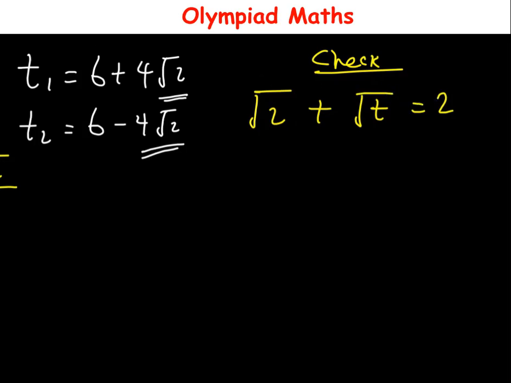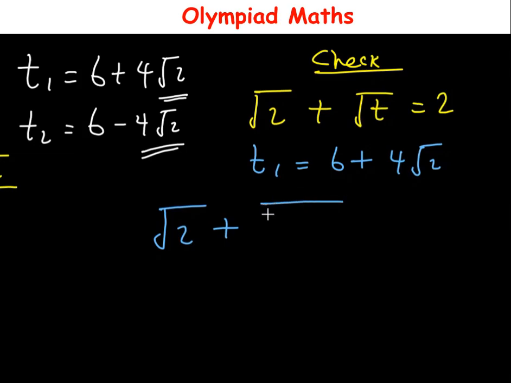For the first value of t, t1 is equal to 6 plus 4 root 2. Inputting the value of t, root 2 plus root t becomes root 2 plus the square root of 6 plus 4 root 2, equal to question mark.